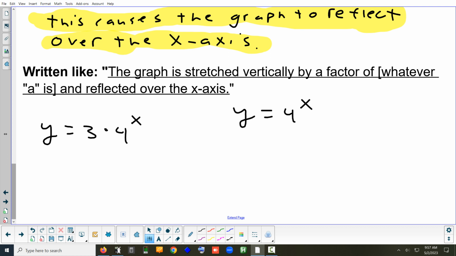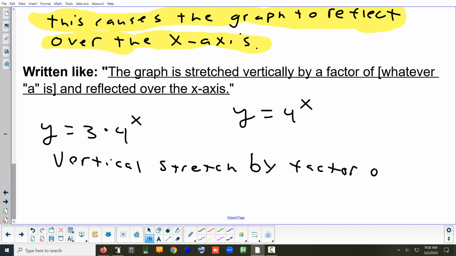Yeah. Graph and stretch versus by factor. Yeah. So this is a vertical stretch by factor of 3. And that means that the graph is really stretching 3 times as much.